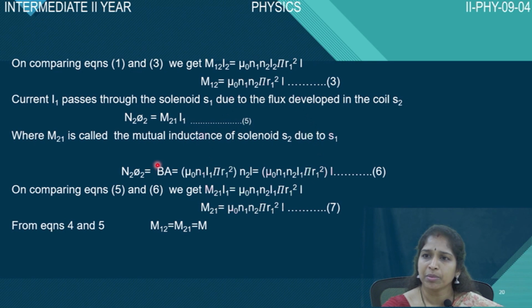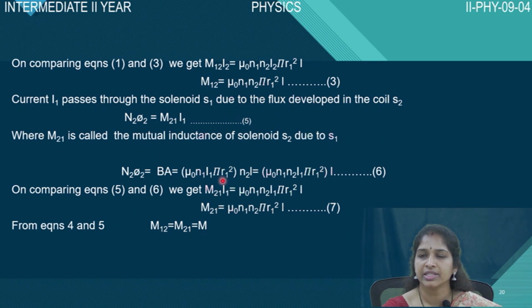Now, from the magnetic field induction, let us see what the flux is. The flux linked in the second solenoid is N2 phi2 equals the same expression, because flux is magnetic field induction into area. B is the magnetic field induction due to a solenoid, that is mu naught n i. But here the current is passing through the first solenoid, so the magnetic field induction is mu naught n1 I1.